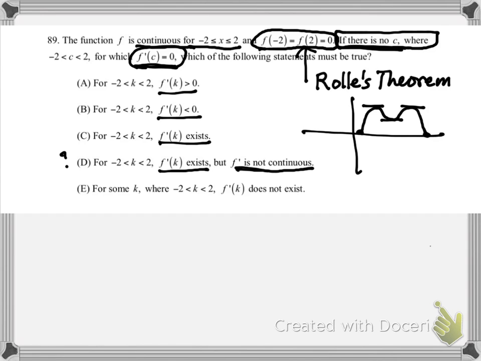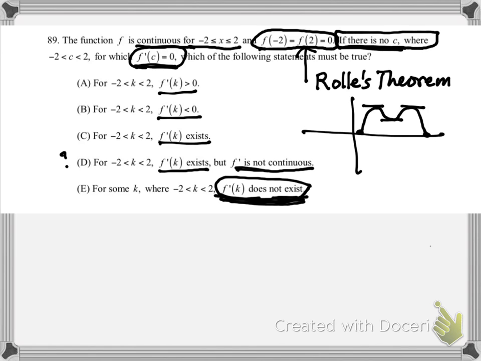Now, for E, for some k between -2 and 2, f prime of k does not exist. So this must be the one that's true for us to conclude that there is no such c. You cannot find such a c value where the derivative becomes equal to 0. This is the only case when Rolle's theorem will not apply, when the derivative does not exist, when it's not differentiable.